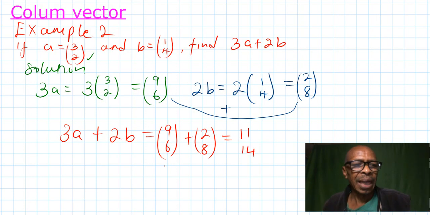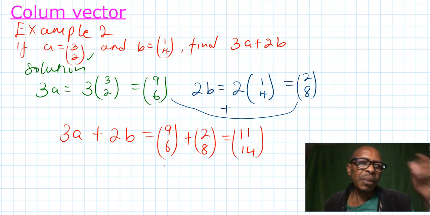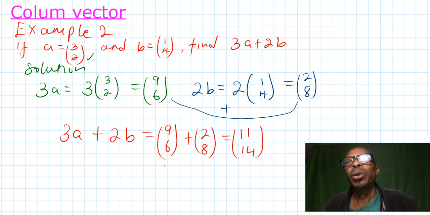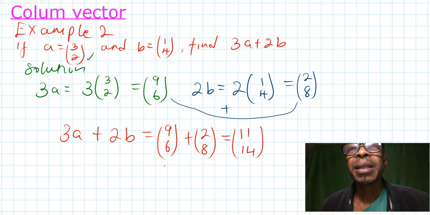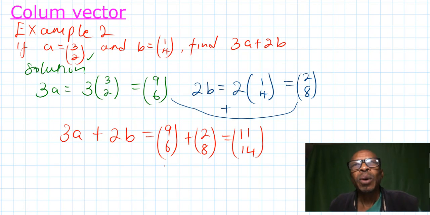So that is a vector. That is the sum of the two vectors, and you get that as a solution. So I hope now you understand what is a column vector, and it is very important. I have said it is very important, as we are going to deal with it in 2 dimension and in 3 dimension.